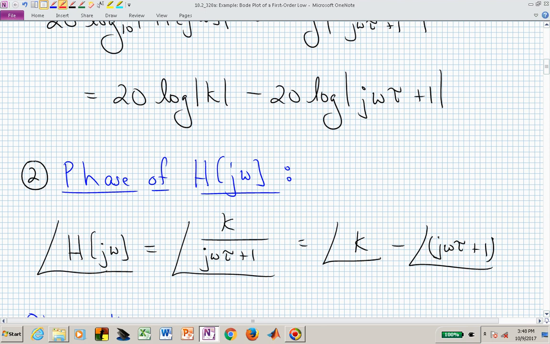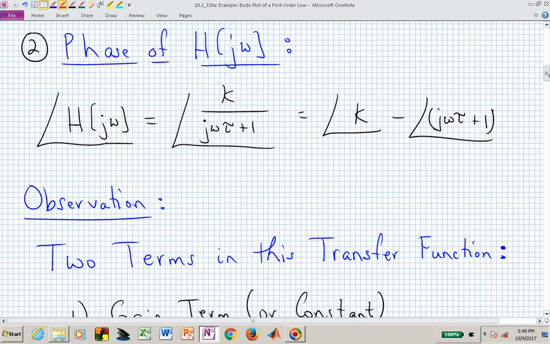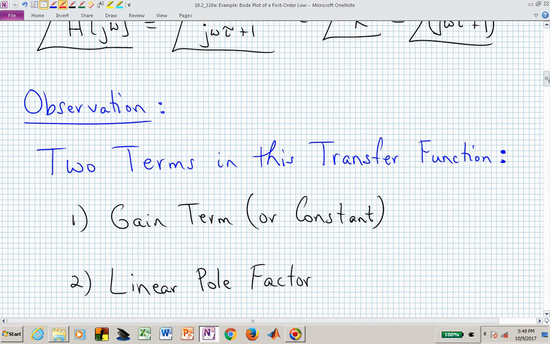Then we subtract the angle of the denominator factor, where tau is fixed. Our time constant we're leaving constant, obviously, but now omega is being adjusted from some small value, DC, up to an infinite range.